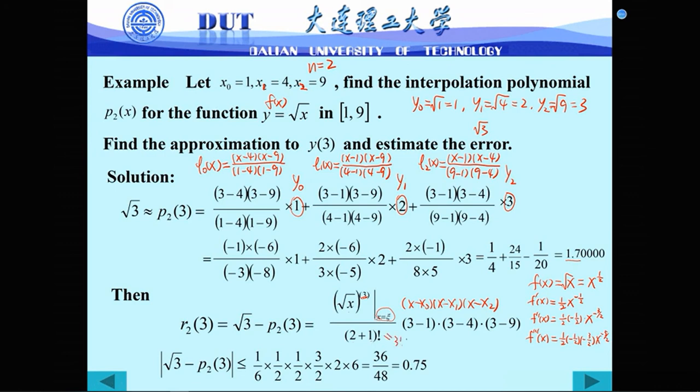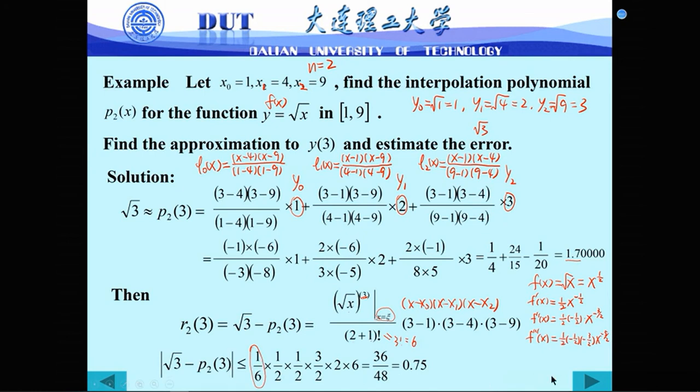3 factorial should be 6, right? So that means we have 1/6 firstly, the denominator 1/6, this term, okay? And this is this term 1/2, this term. Okay, multiply, don't forget absolute value.